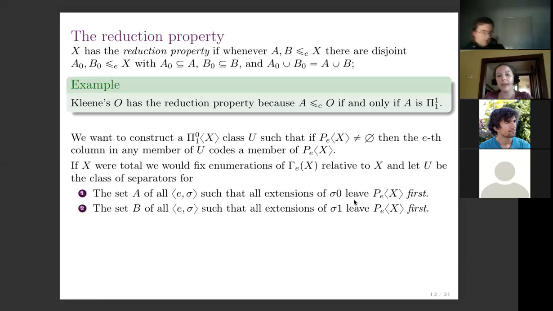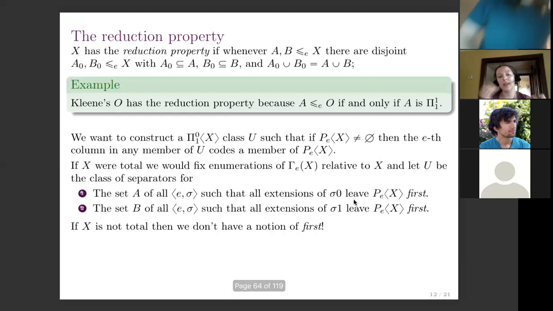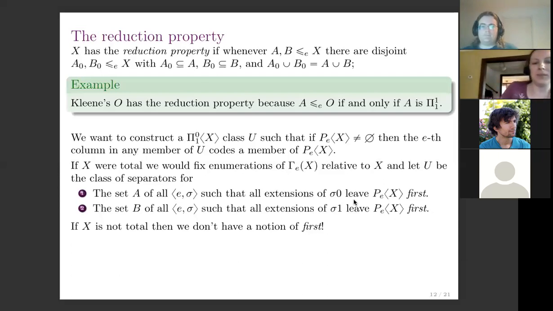So now we can take a separator for A and B, and that will give us a universal class. But if X is not total, we don't have a notion of first. We can't at all talk about what happens first. So different enumerations of A and B will make different events happen first. So as a result, we can't avoid having A and B intersect.